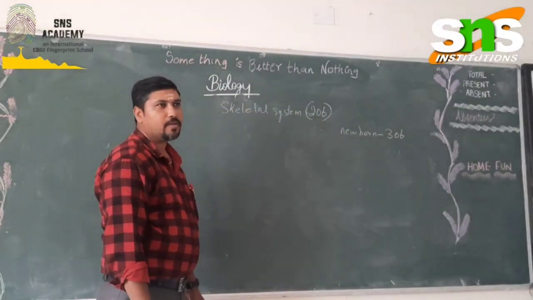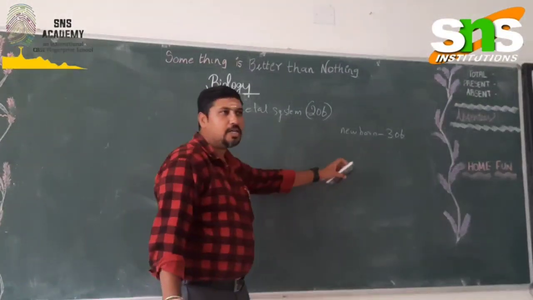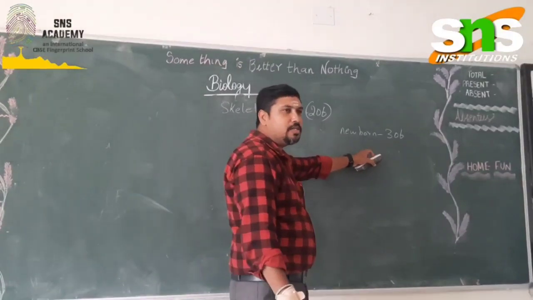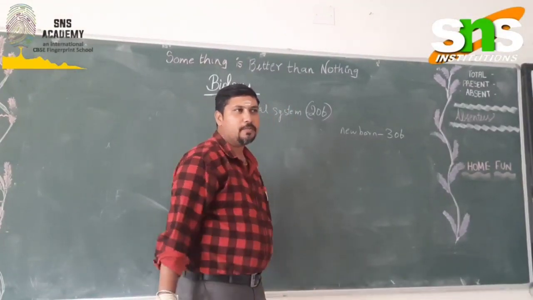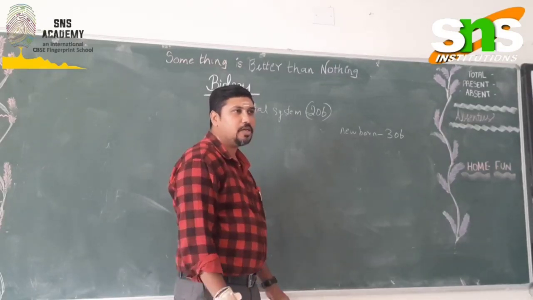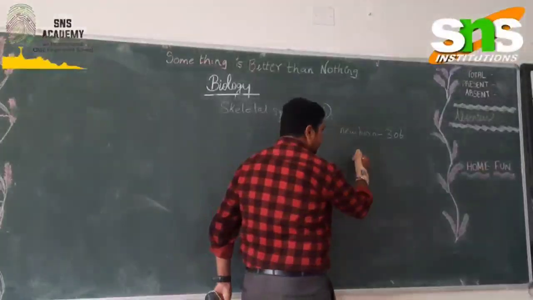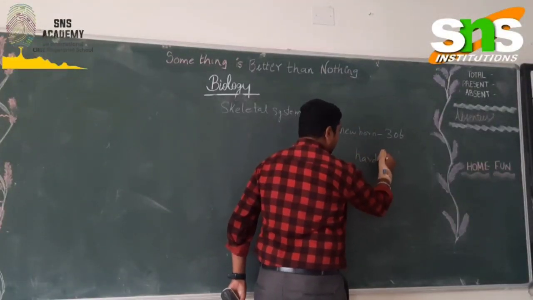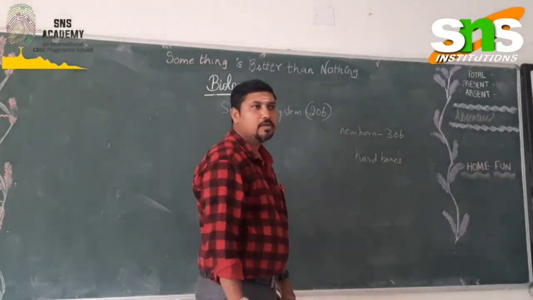Because the bones join. And what type of bones are there in the 306 bones of the newborn baby? You have been studying the types of bones, isn't it? The types of bones are hard bones and soft bones.